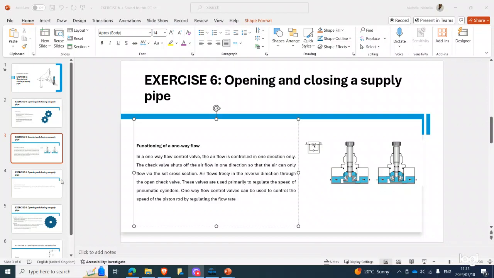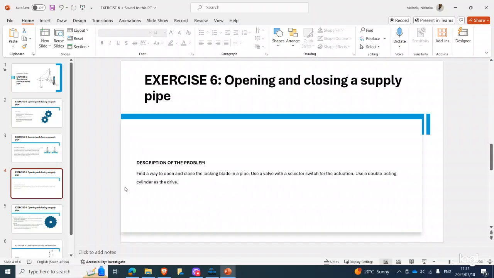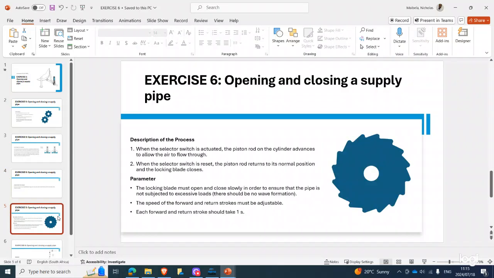So moving on, right, to the problem. They're saying find a way to open and close a locking plate. Use a selector switch for the actuation, and then use a double acting cylinder as a drive, right? So now, they're saying when the selector switch is actuated, the piston rod on the cylinder advances to allow the air to flow through, right?